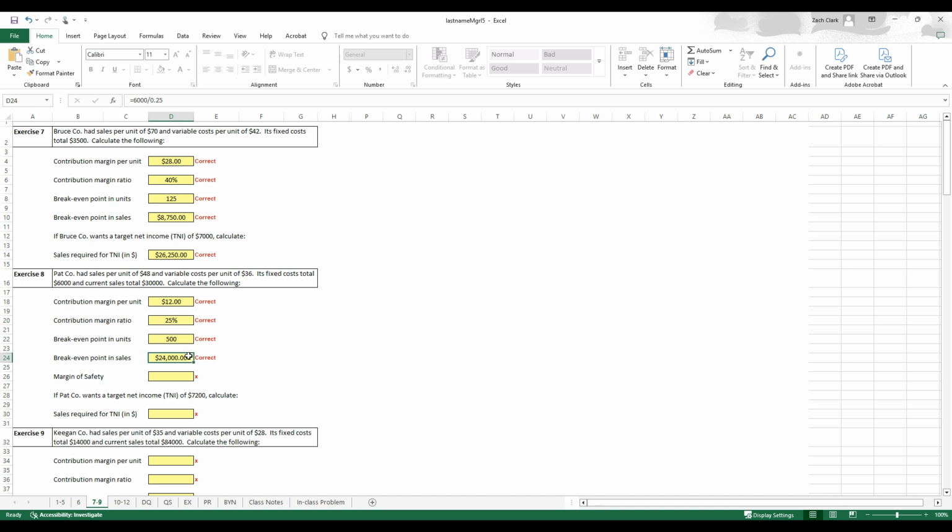So if we make 24,000 in sales, we will cover our fixed costs. And then the margin of safety is the difference between what our current sales is and the break-even point. So how much can our sales go down before we are at zero, essentially? So then we just take $30,000 current sales minus 24,000 gets us a margin of safety of $6,000.